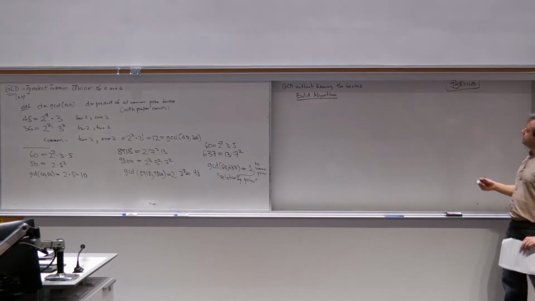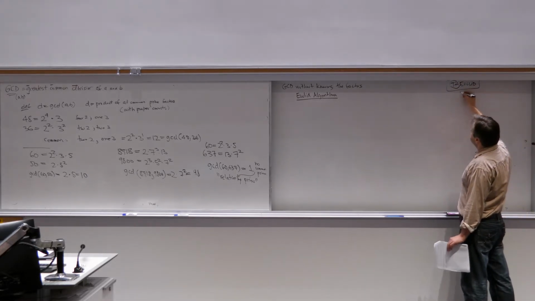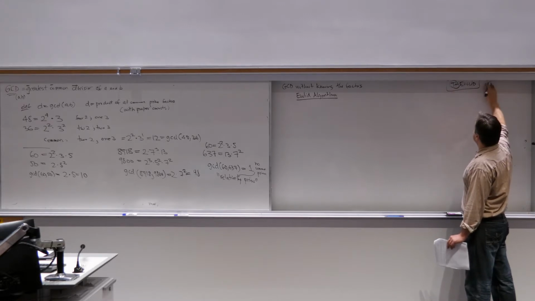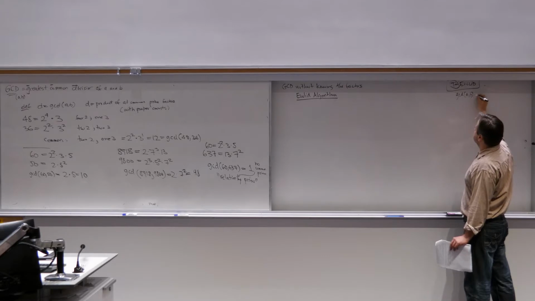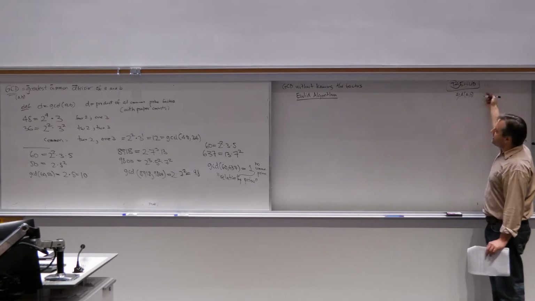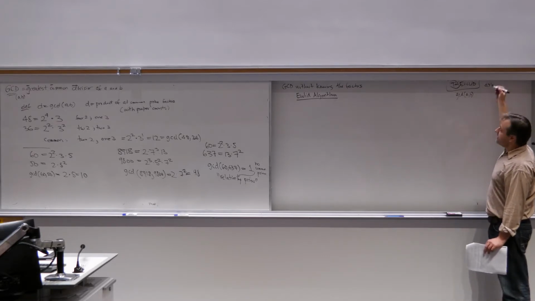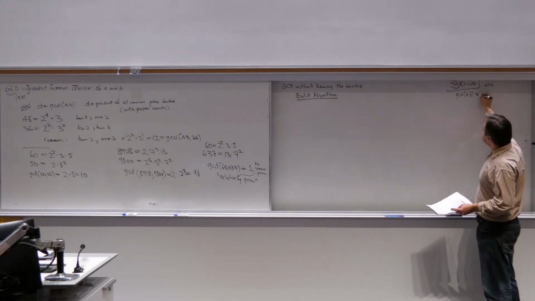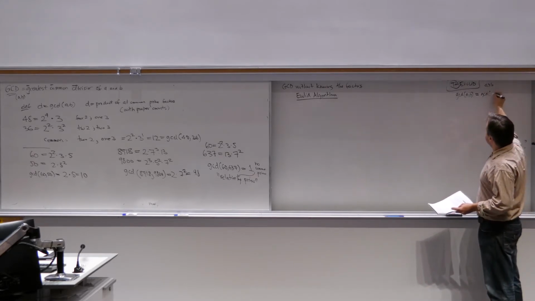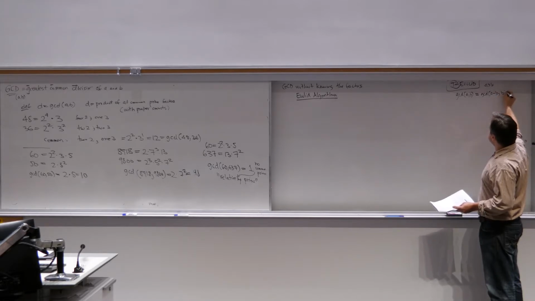He says, if you want A and B, right? We want the GCD of A and B. GCD of two values. Presumably A is bigger than B, let's say, but it could be B bigger than A, doesn't matter. This is the same as the GCD of A minus B and B.